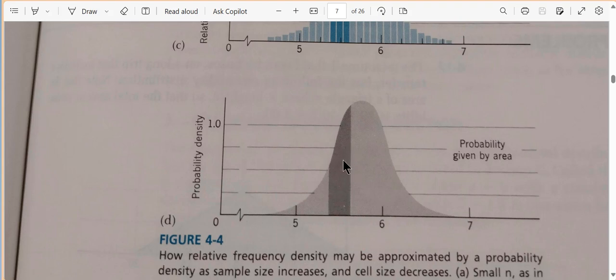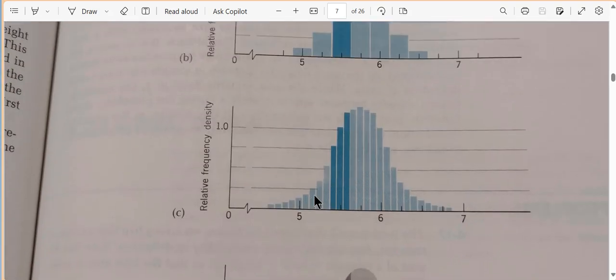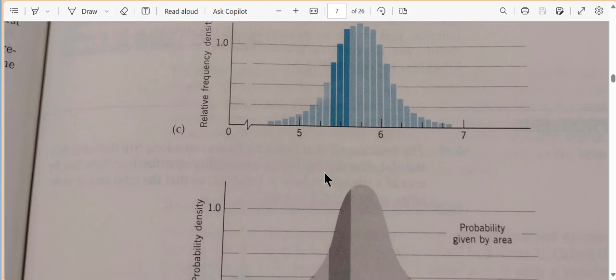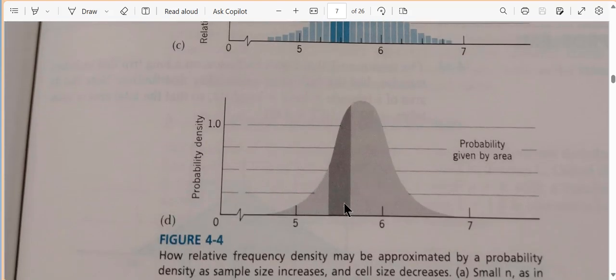So some amount of area here, and remember that we changed things so that the total area was 1, and we still maintain that here. So the total area is 1, so the probability that someone is between here and here is going to be the area under here, which is some fraction of the total area 1.